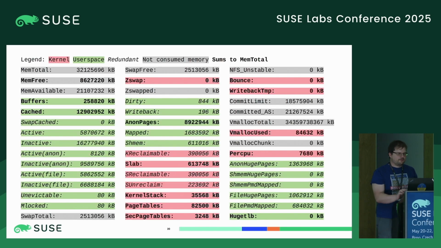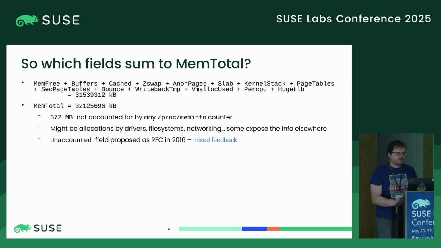So in the example of this listing, when I sum those bold counters, I get almost those 32 gigabytes. And the difference is only 572 megabytes, which is not accounted in any counter, which is actually a good result, because there are many allocations in the kernel that just grab some pages and don't have any counter in the proc meminfo.